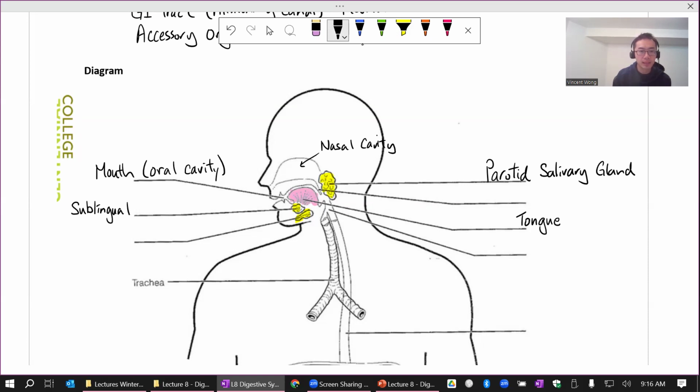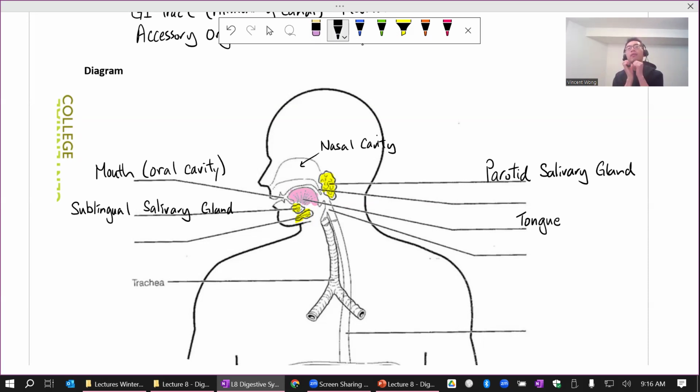Lingual is tongue, right? Like if you are bilingual, you speak 2 tongues, 2 languages. So that's underneath the tongue. If you ever go to the hygienist, like the dentist, they have to use the tube to suck the saliva that's coming out of the sublingual salivary gland.